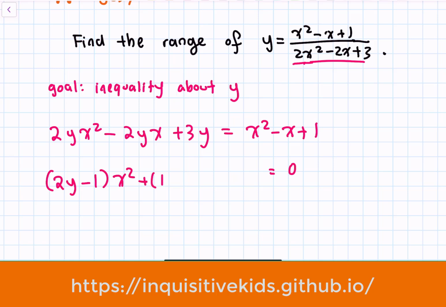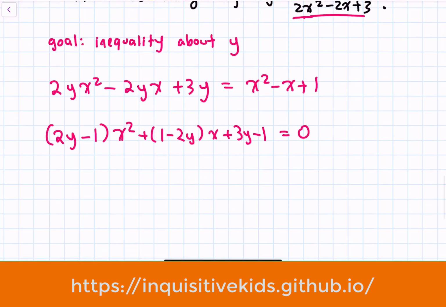Plus 1 minus 2y times x, plus 3y minus 1. And this equals 0. If we apply this to the standard form of a quadratic equation, the 2y minus 1 is a, this is b, and this final section is c.